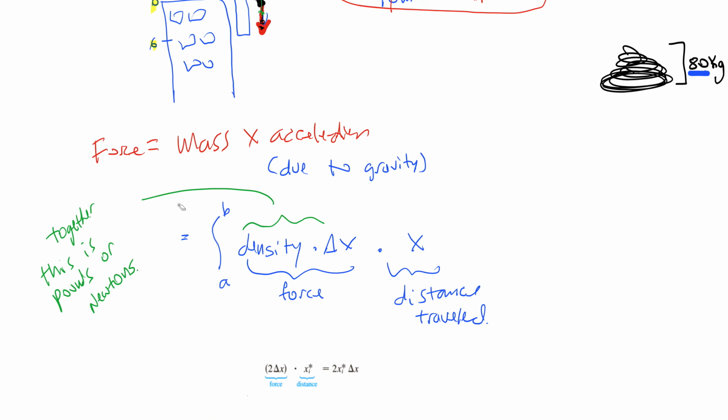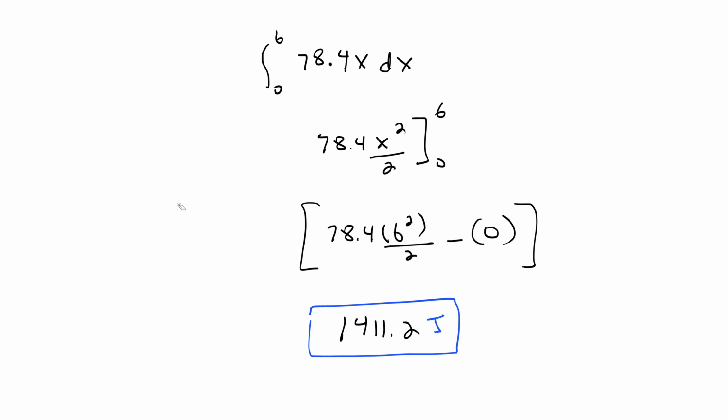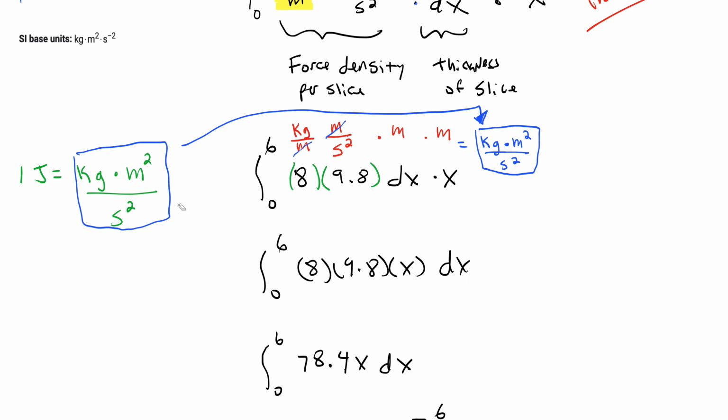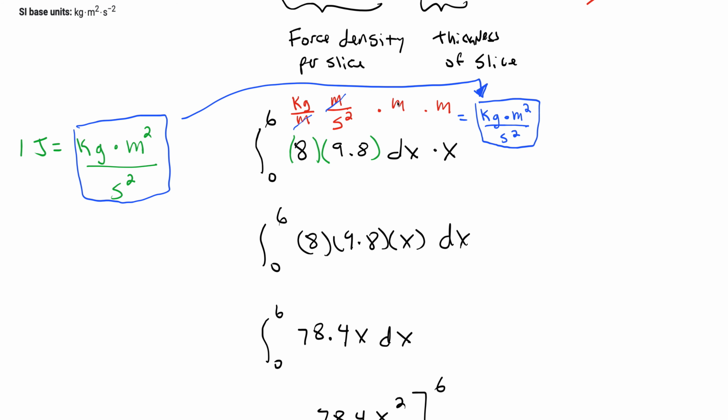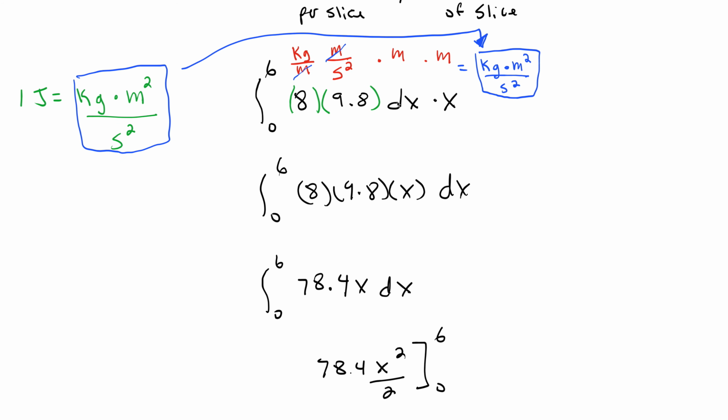All right, so back over here. There's that, and then you just work that out. You multiply the 8 times the 9.8 together. I took all the units out, but I wrote all the individual units up here.